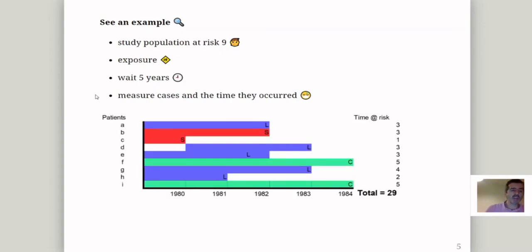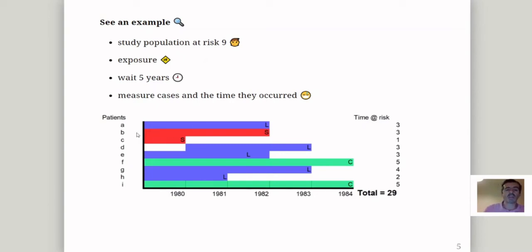So let's have a look at the output of this study. We have here the nine patients we had, these 9 kids. And let's look at the first case here. We notated it with the letter A. And this kid left the study after 3 years. So we count the contribution of this kid during the study, the time at risk, and that accounts for 3 years.